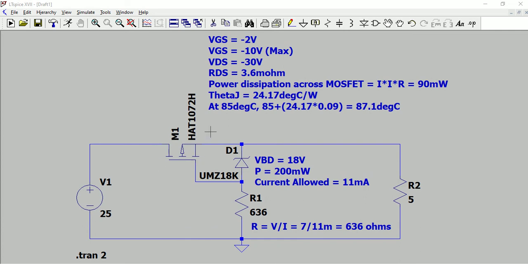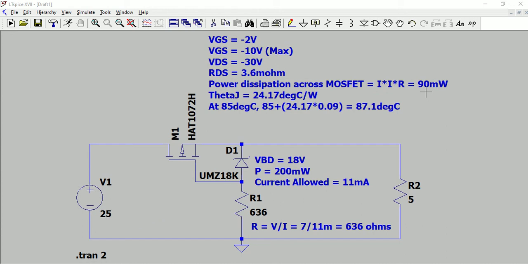So the entire dissipation we have to calculate is based on the drain to source resistance, because that is where the entire current will flow. Once you do this, you see that 90 milliwatts of power would be dissipated across this.